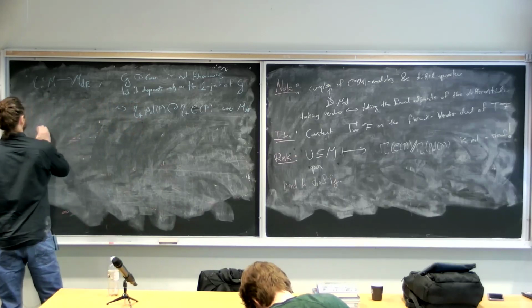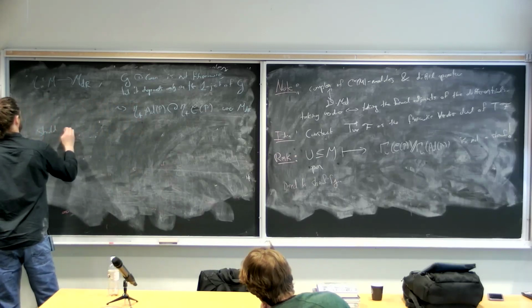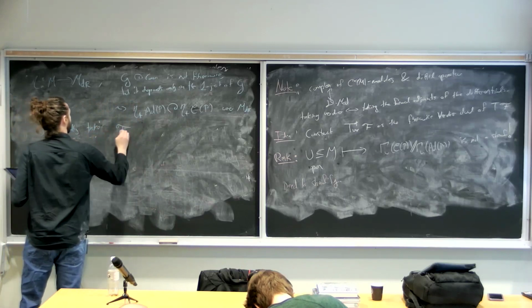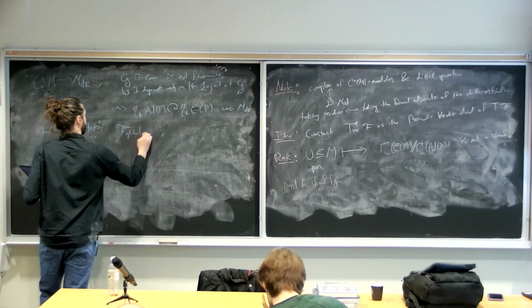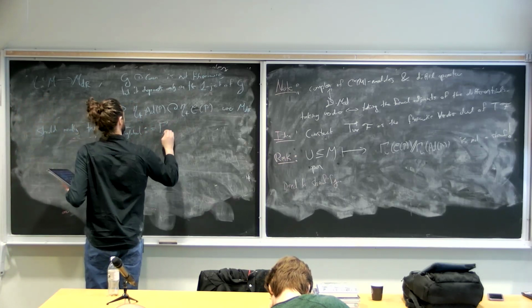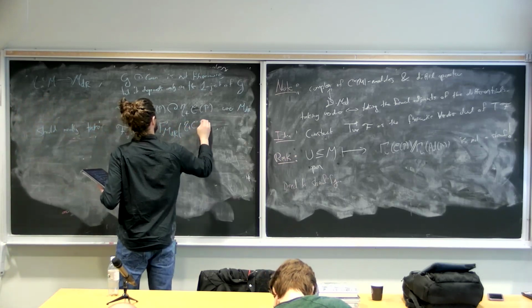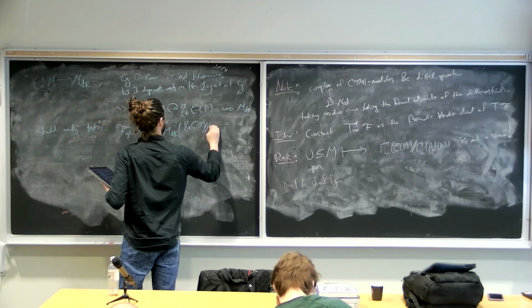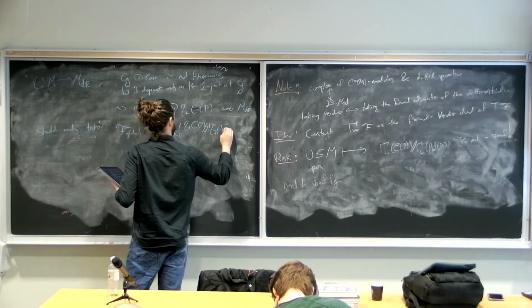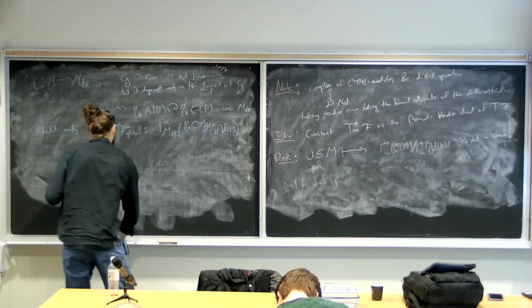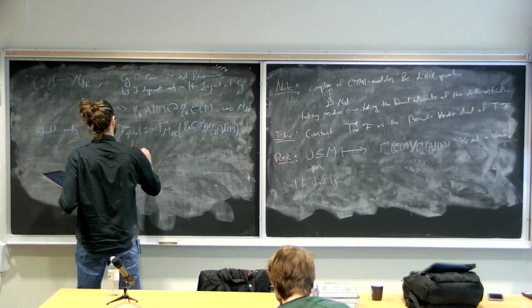So this should really take, say, F global defined to be sections over M Derived of P mod sections, push forward. And it turns out this is actually the sheafification.